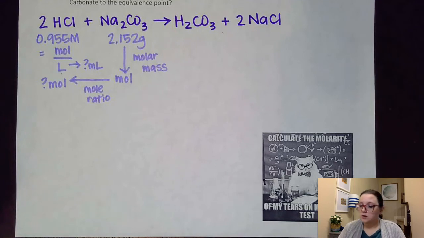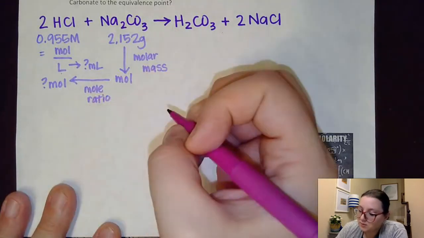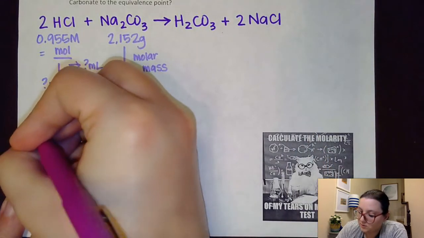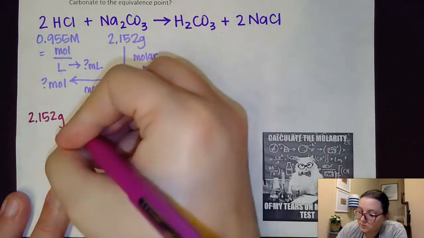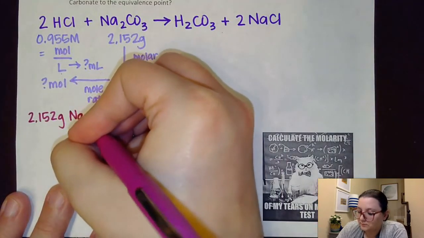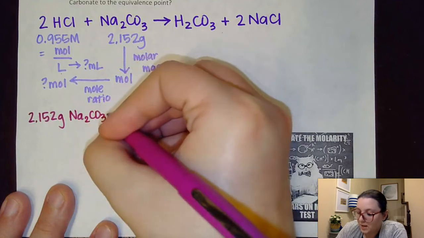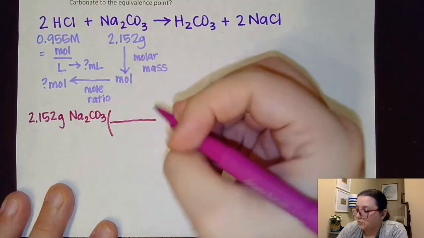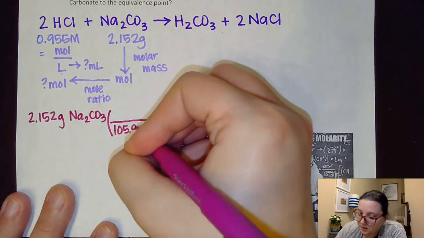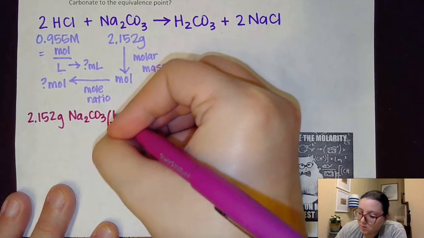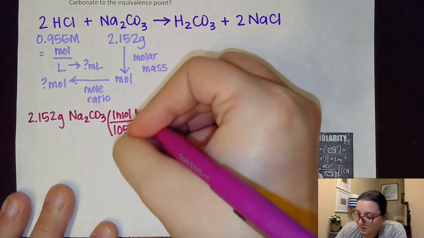So what I'm going to do is start off with my 2.152 grams of Na2CO3. And just like we did in the previous problem, I'm going to start off with my molar mass, 105.99 grams for 1 mole of Na2CO3.